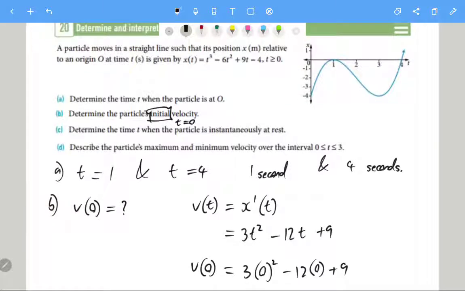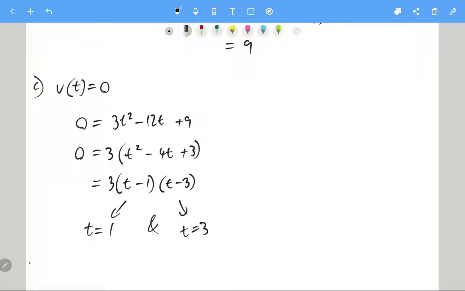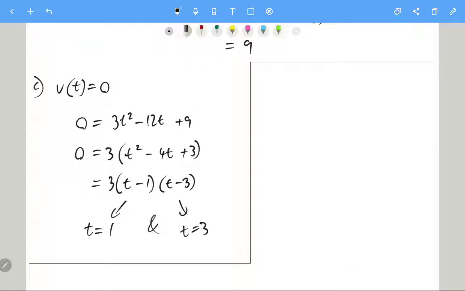Next, describe the particle's maximum and minimum velocity over the interval 0 less than or equal to t less than or equal to 3. The first thing to do is to sketch the function. We already know its 2 t-intercepts, and we know its v-intercept.